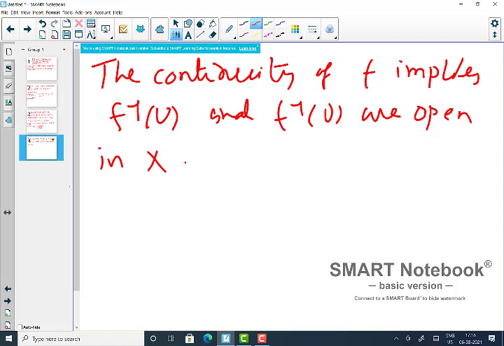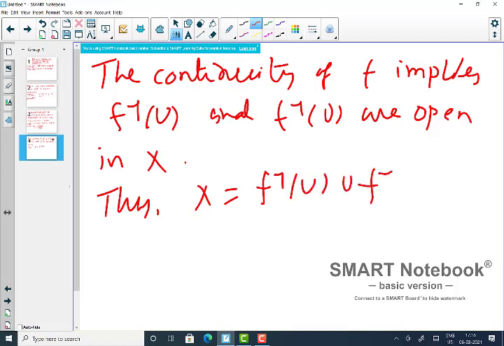And also this is an onto map from X to f(X), right? So thus, what do you have? You have X is actually the union of f inverse of U and f inverse of V, right?